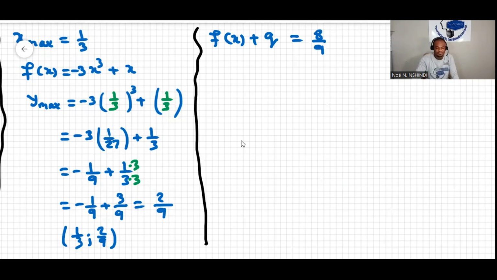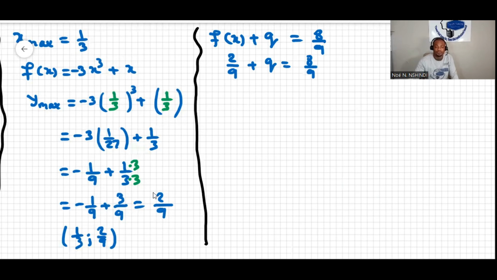Now, f of x maximum we found is 2 over 9. We can substitute the 2 over 9 plus q equal to 8 over 9.